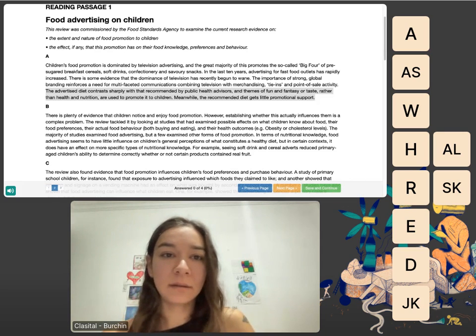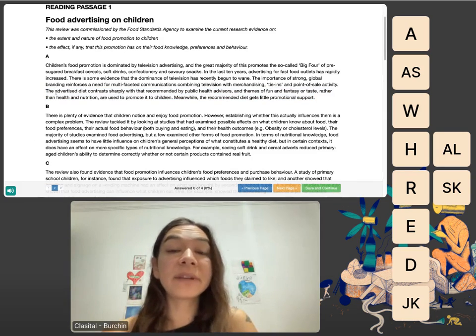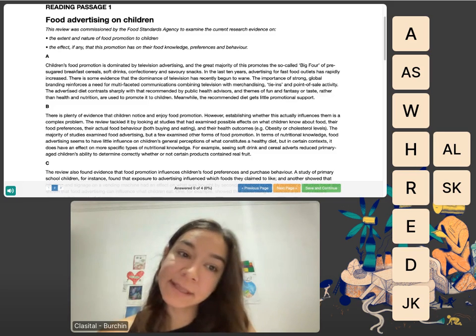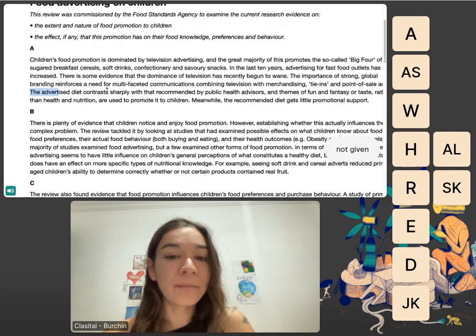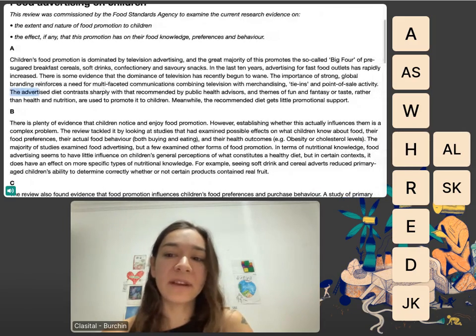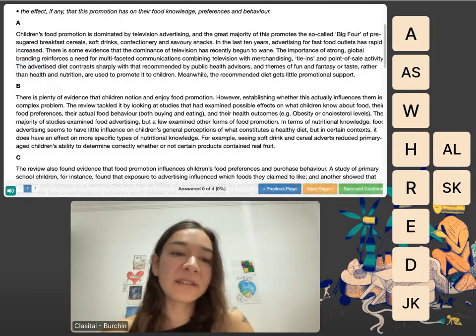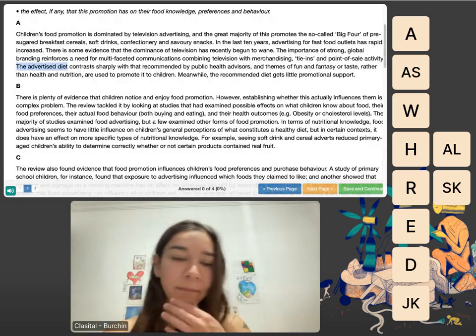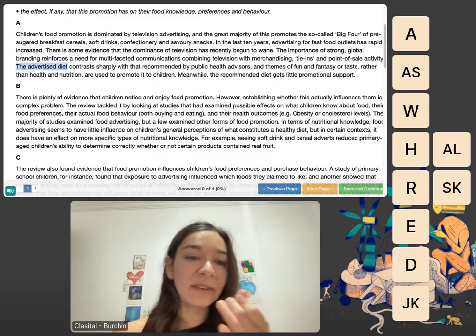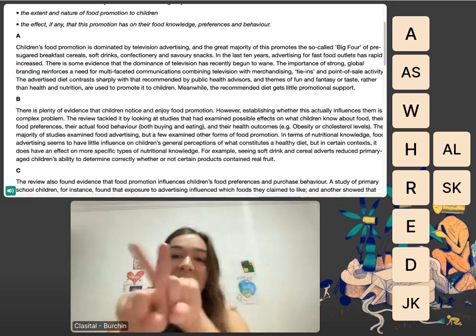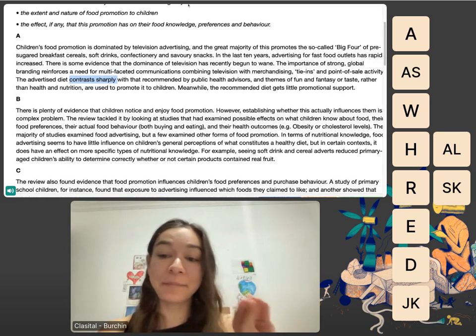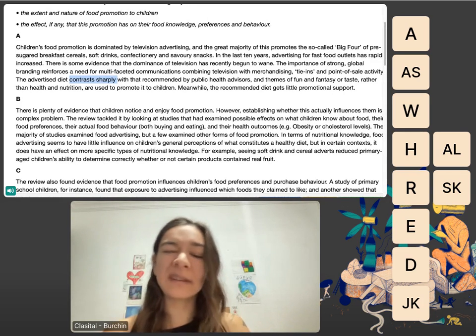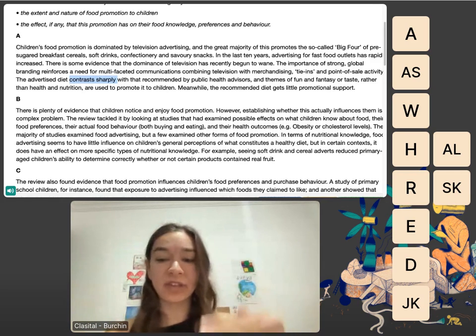Okay, let me see. Let's understand the question and understand the passage. In here it says the advertised diet contrasts sharply with that recommended by public advisor. It means the advertised diet in the TV contrast. There's a difference sharply, and sharply means big difference, not like sharp, very edgy, big.